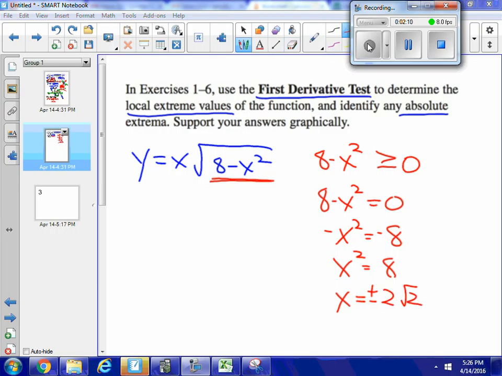So that is where the radicand is going to equal 0. And I need to make sure that this is greater than or equal to 0.